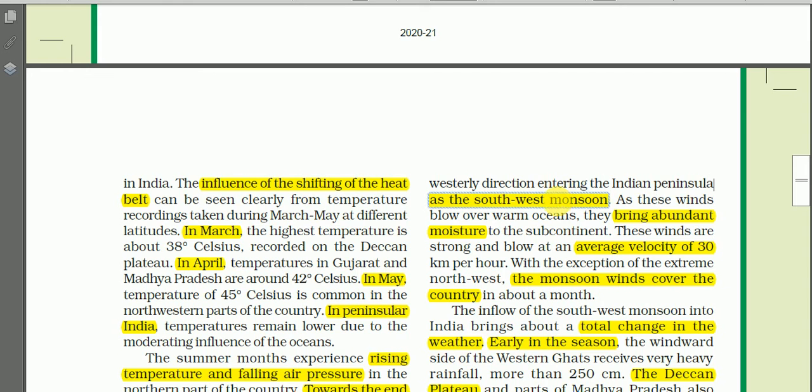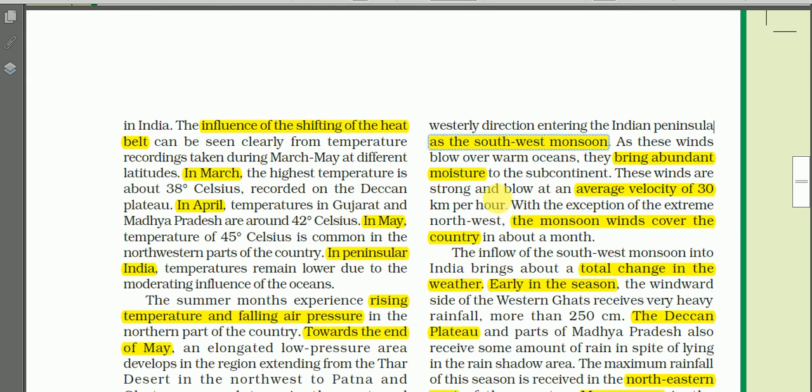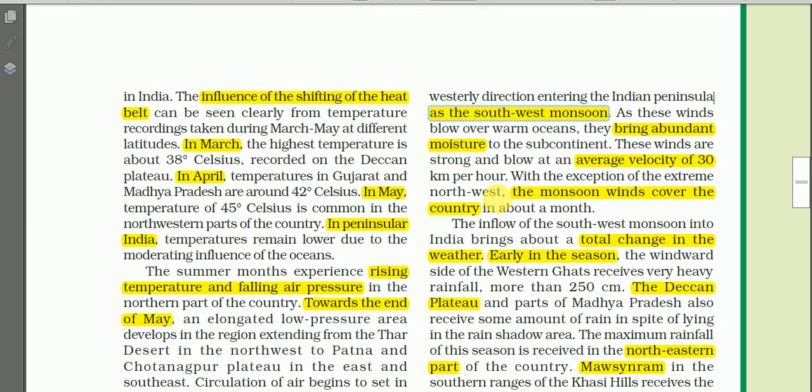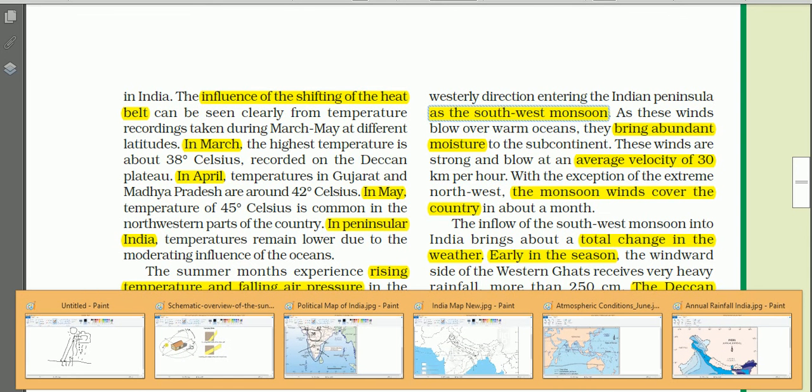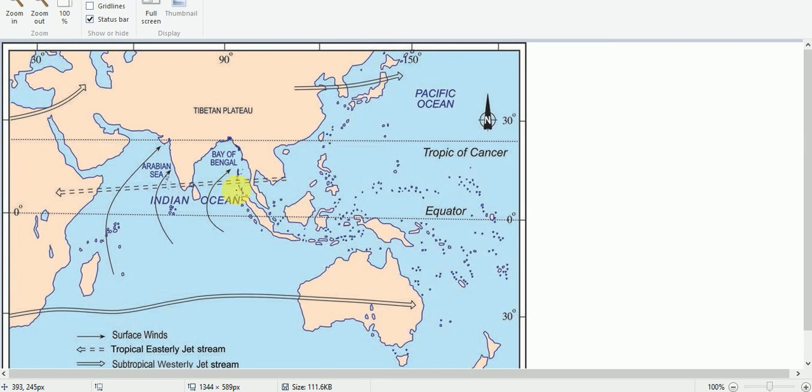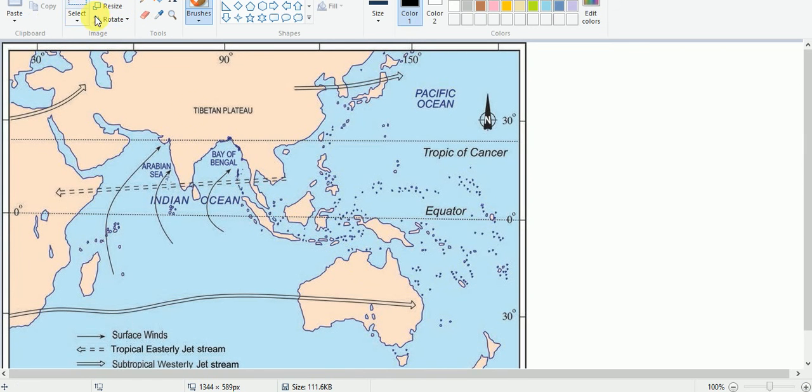This we have already learned. This is about the origin of the southwest monsoon. Again, let me explain. We have learned that at the beginning of the summer season, low pressure is developed here, and this low pressure extends up to the Chotanagpur Plateau.